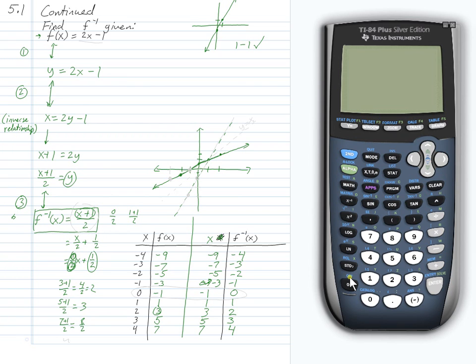Alright. Now the relationship between these points, -4, -9, and -9, -4, can be seen graphically. So if we look at these 2 points, 0, -1, our original y-intercept, and -1, 0. Alright. How about negative 1, negative 3? Let's see, negative 1, negative 3 right there.